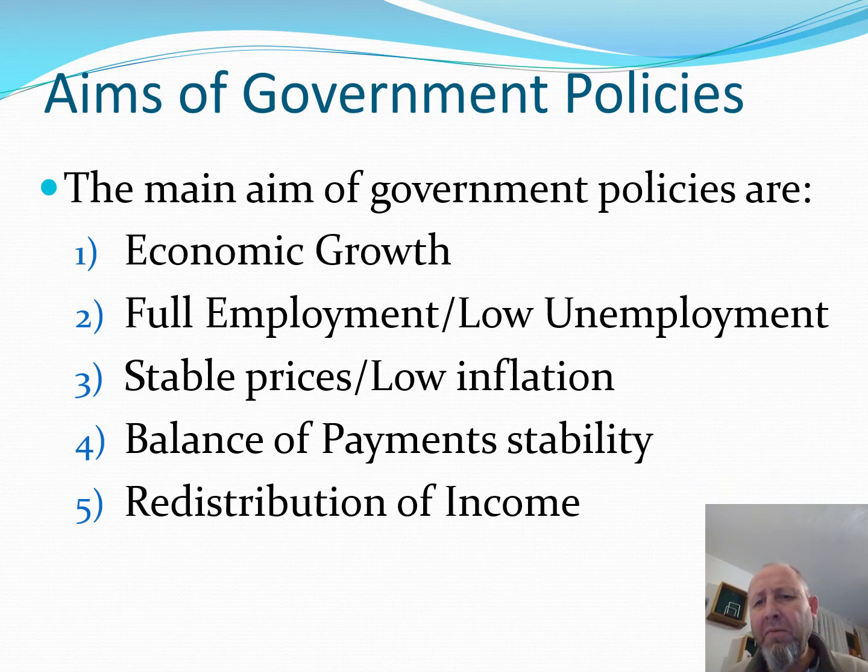Well, we've got 5 main aims that we will look at in the IGCSE 0455 economics syllabus, and these are namely number 1, economic growth, number 2, full employment, number 3, stable prices, number 4, balance of payment stability, and number 5, redistribution of income.